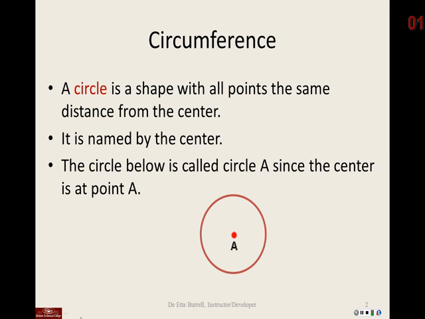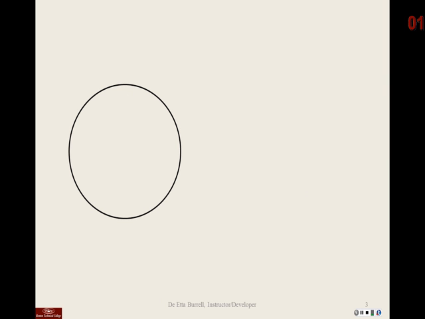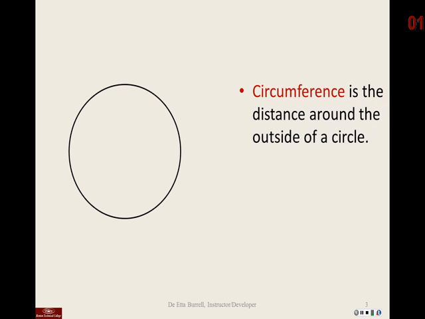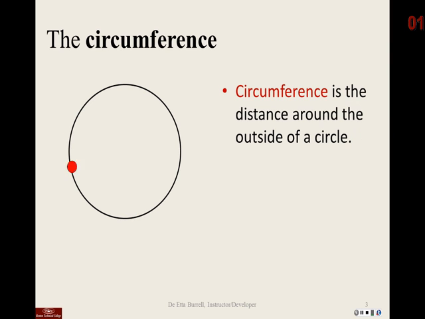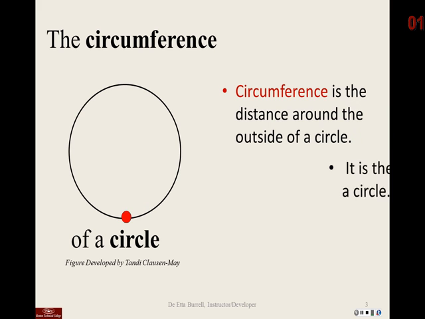The circle below is called circle A since the center point is A. Circumference is the distance around the outside of a circle. It is the perimeter of a circle.